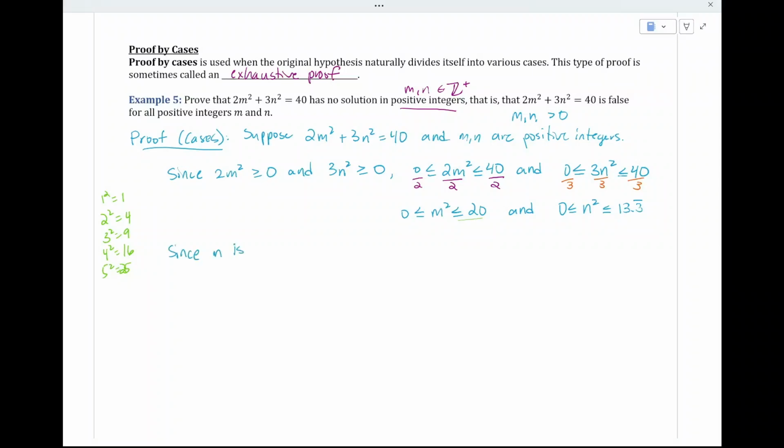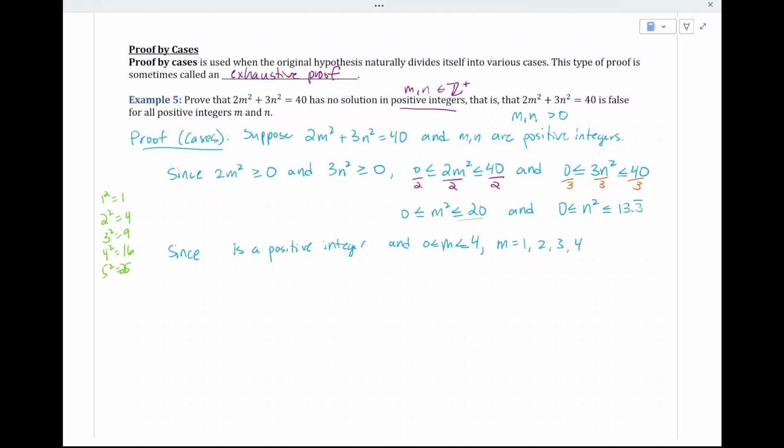Since m is a positive integer and 0 is less than or equal to m squared, 0 is less than or equal to m is less than or equal to 4, that must mean that m can be 1, 2, 3, or 4. Here's all my possibilities for m. I'm going to do the same thing for n.